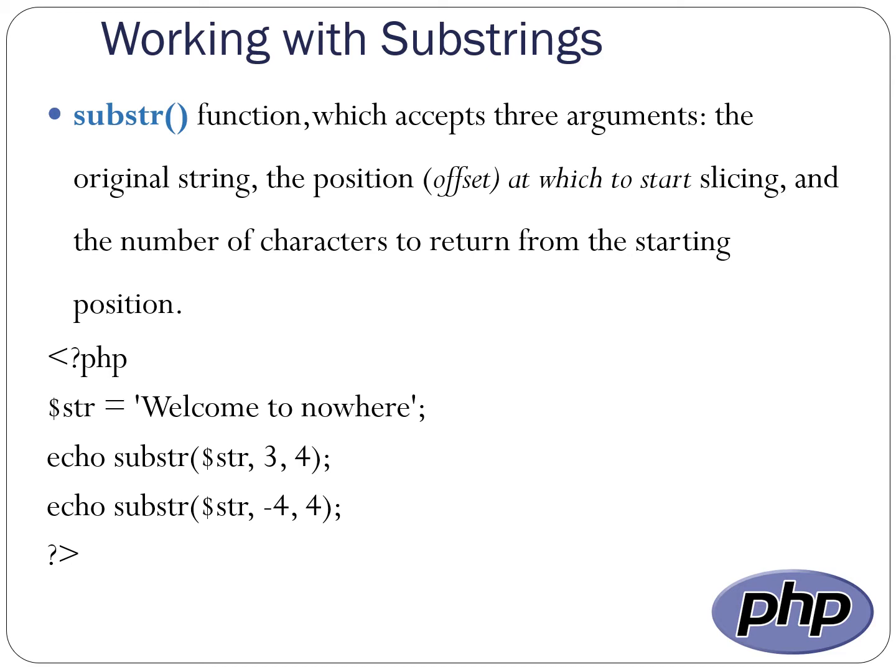Now we can see functions in PHP for working with substrings. Substr is a function in PHP which accepts 3 arguments: the original string, the position or offset at which to start slicing, and the number of characters to return from the starting position. So substr is a function which is used to extract a substring from an existing string.